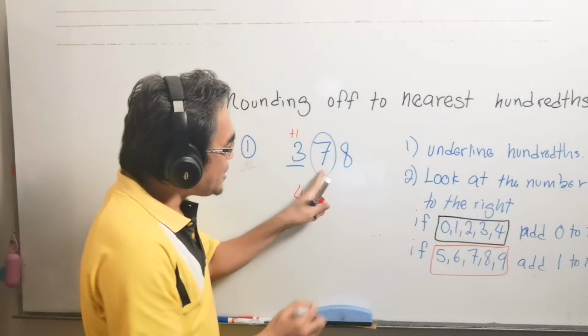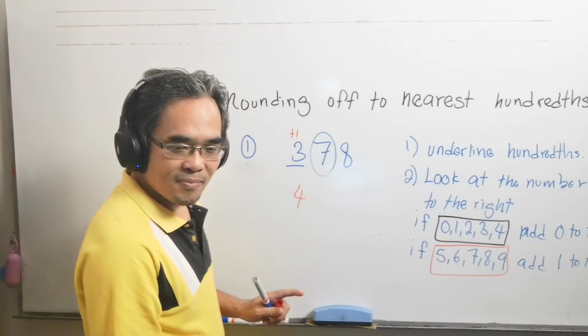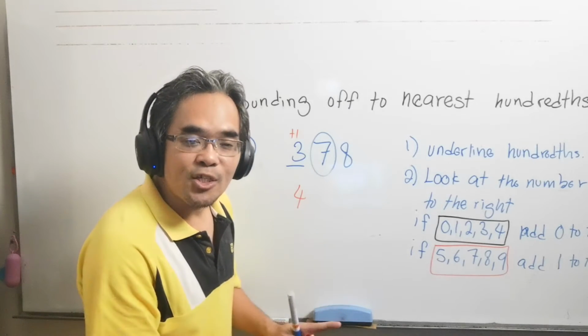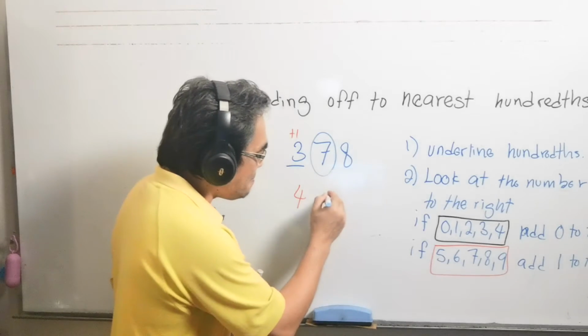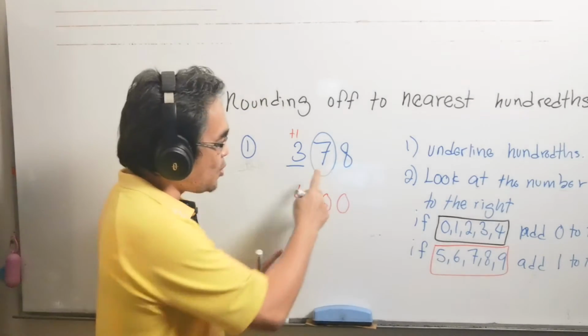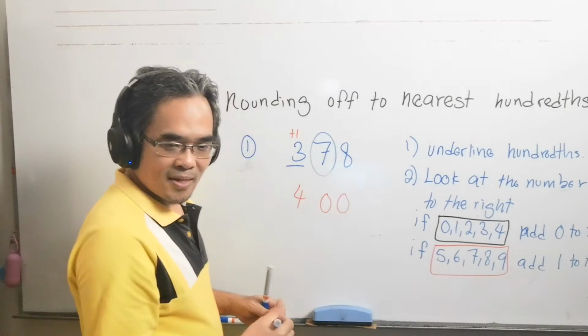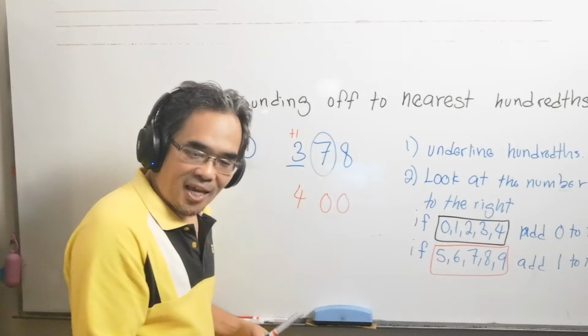So what do you do with these two numbers? Change both of them to 0. Yes, both of them. Okay. That is the process.